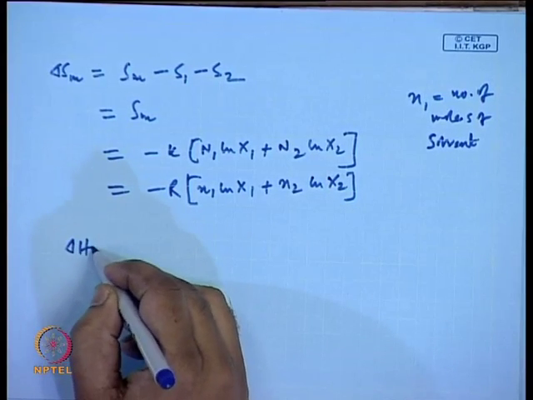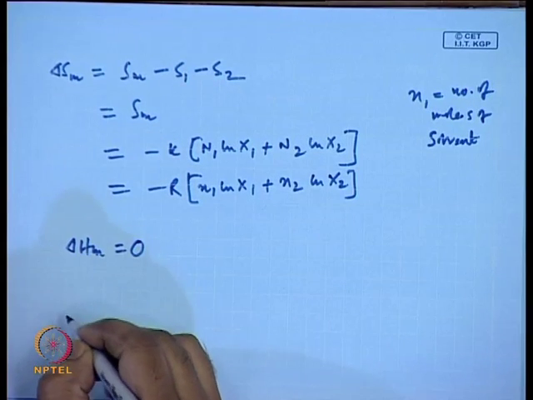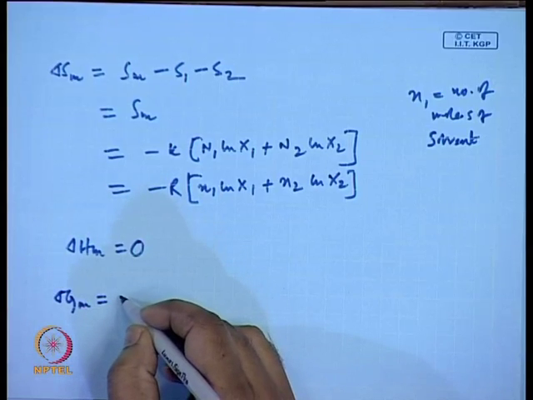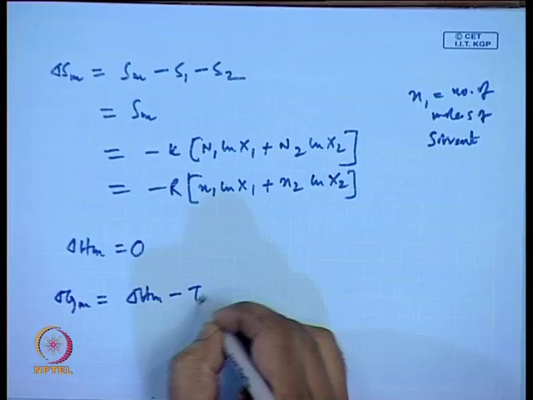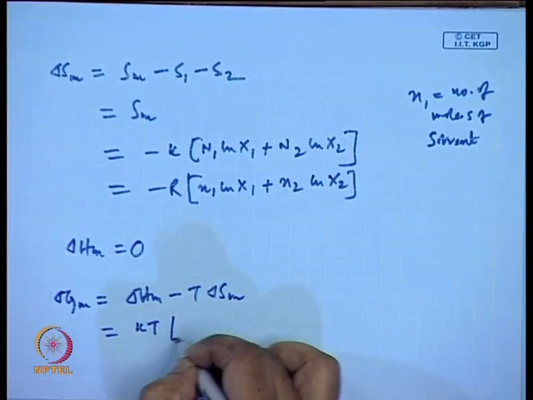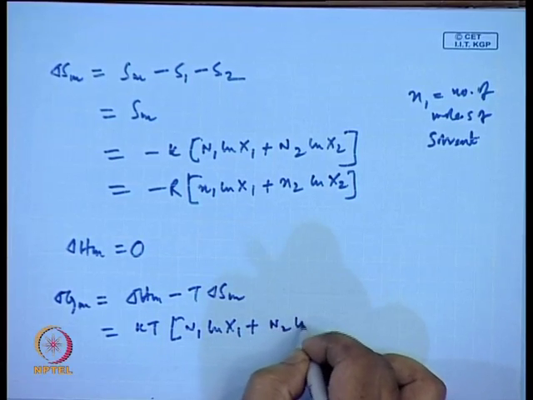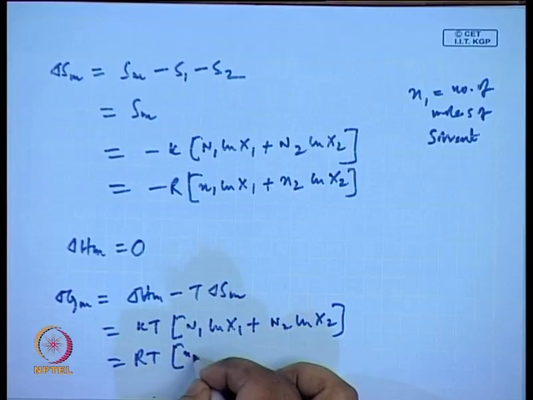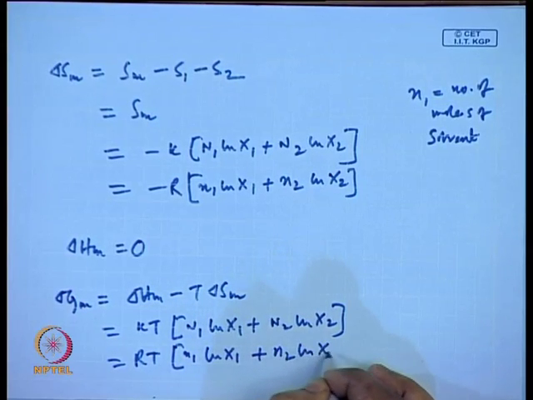and n2 is the number of moles of the solute. Now, delta Hm for the ideal solution is 0. So, delta Gm, which is the Gibbs free energy of mixing, would be delta Hm minus T delta Sm, which is RT times n1 ln x1 plus n2 ln x2.